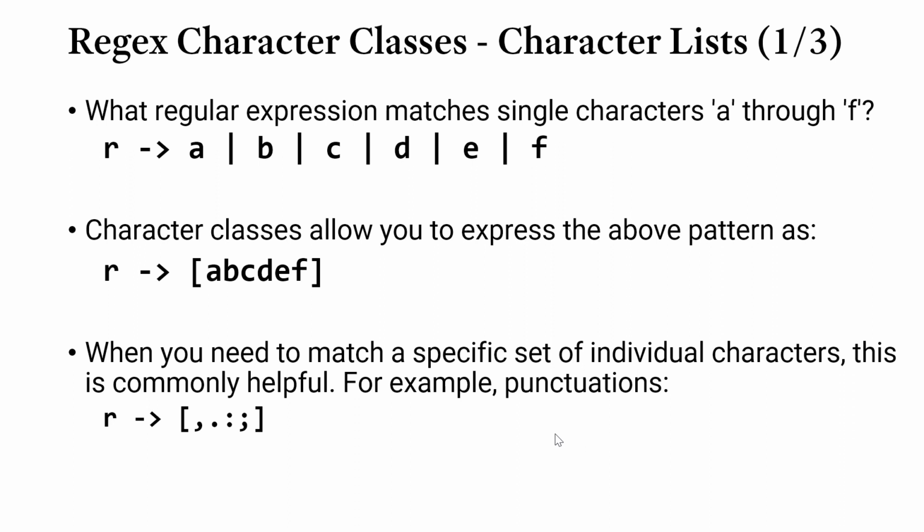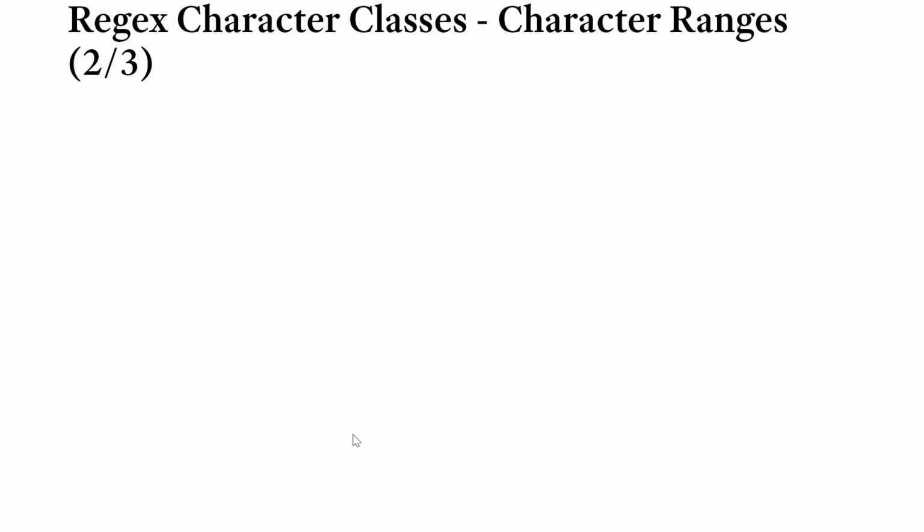And this is often useful when we want to look for a regular expression that matches punctuation, right? So we could have in our character class, and so that's what we're defining here, these square brackets we'll call a character class, comma or period or colon or semicolon, right?